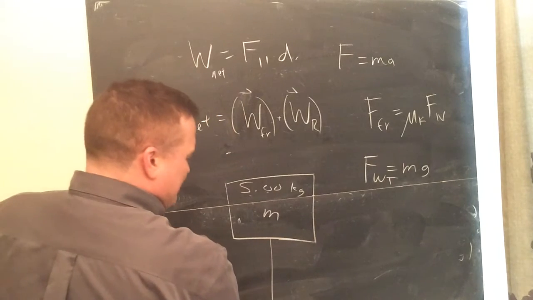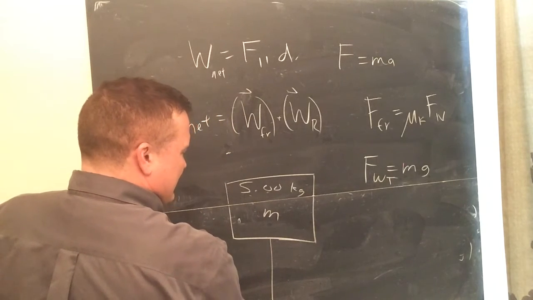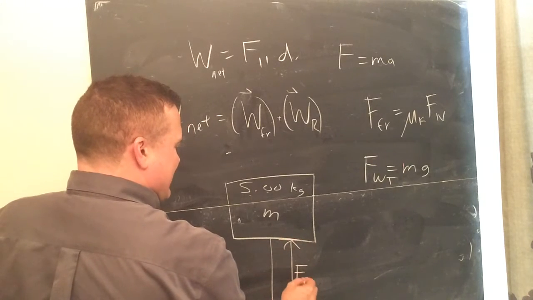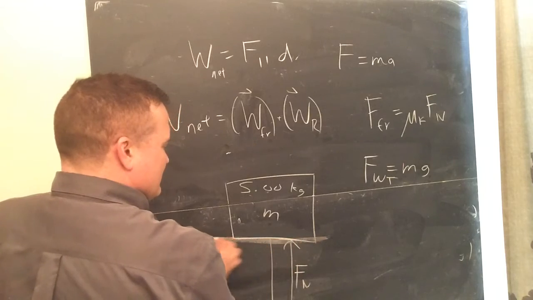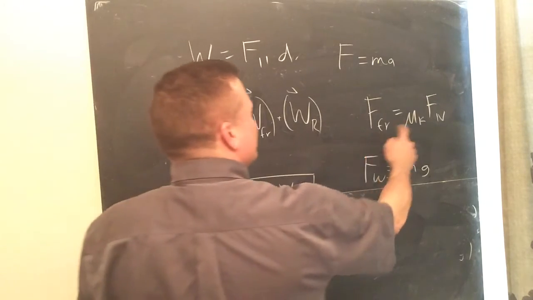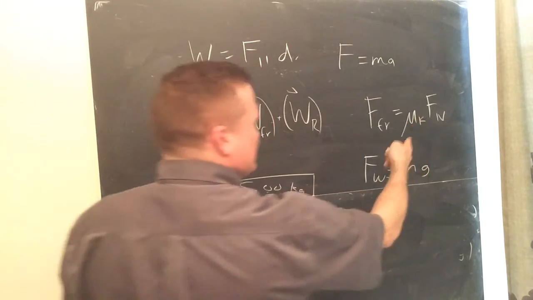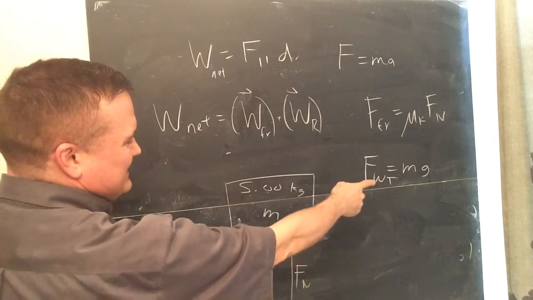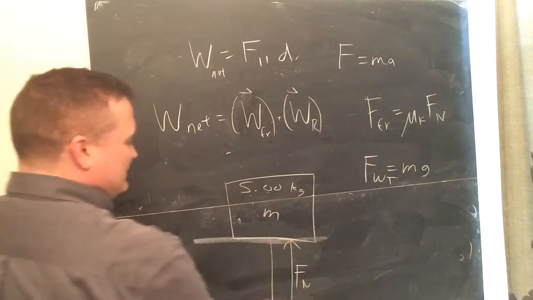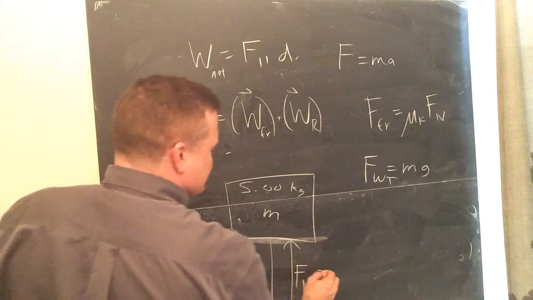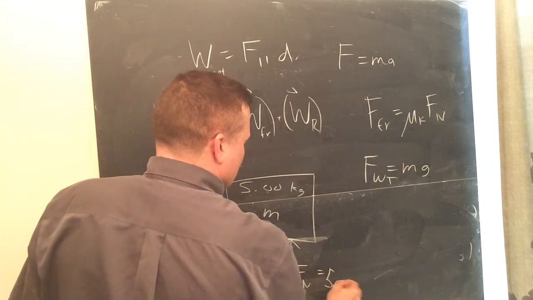Now, that would be pulling downward, and then the normal force would be the force that is balancing it out. You remember this came from the last chapter, but you find the friction force by a constant, mu, times the normal force. So 5 times about 10 is about 50 newtons, the weight. So here 50 newtons would also be the normal force.